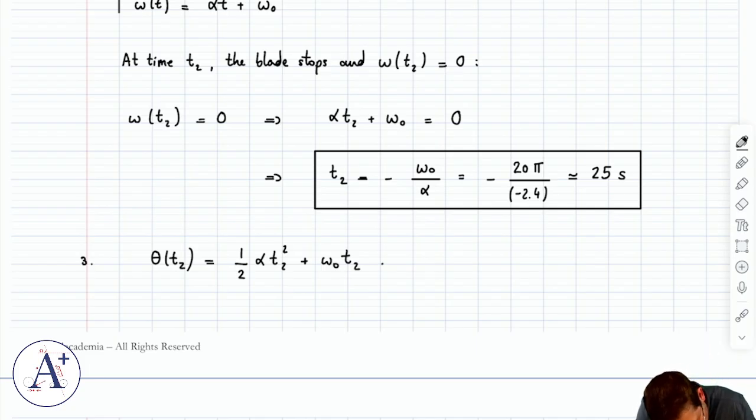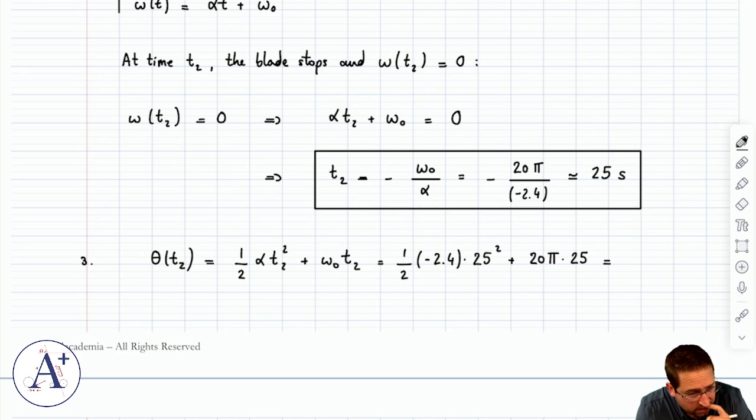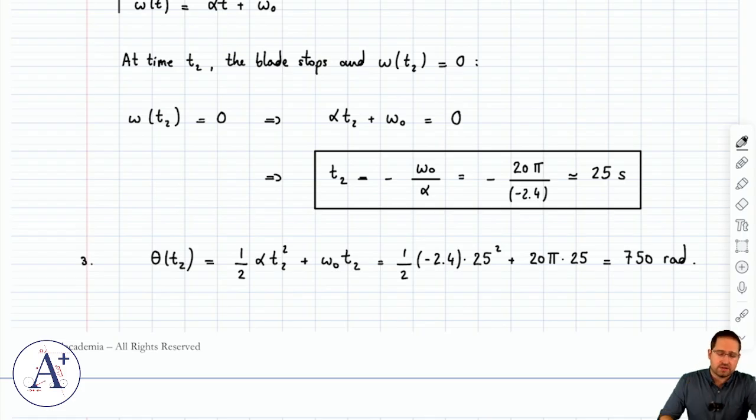That's 1/2 times minus 2.4 times 25 squared plus omega naught, which is 20 pi, times 25. And that's going to come out to, if pi is about 3, 750 radians. That's the total number of radians that the helicopter blade has swept through in 25 seconds.